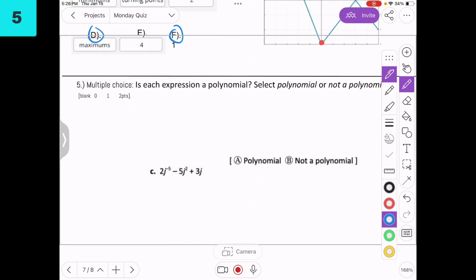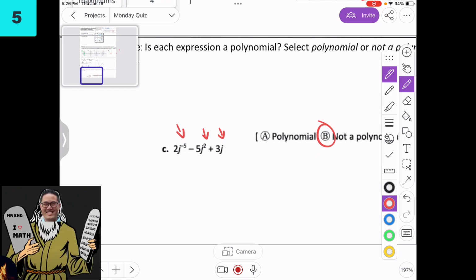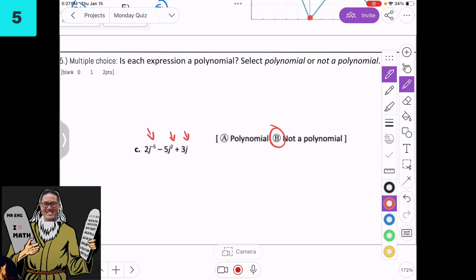They're asking you whether or not it's a polynomial. The reason why it's not a polynomial is because you have to look at the degrees, the exponents. Notice that in the first term, it's a negative exponent. Polynomials do not have negative exponents.